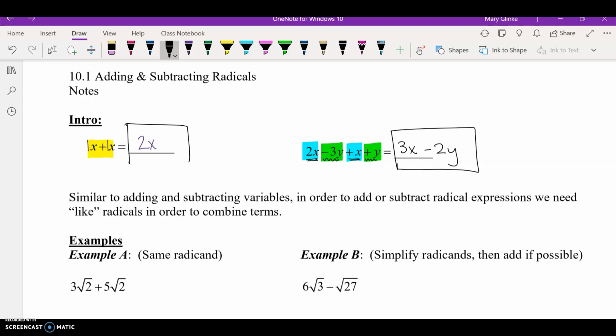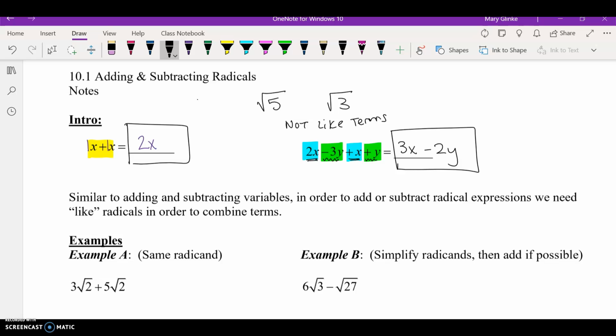So the whole idea with radicals is that it's going to follow these rules. In order to add radicals, they have to be like terms. So for instance, the square root of 5 and the square root of 3 are not like terms. Those would be like trying to add an x and a y together.